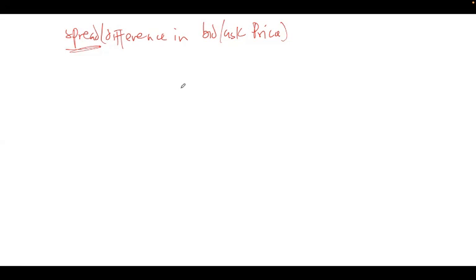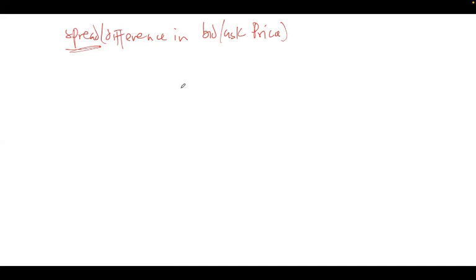I repeat: if you approach somebody that exchanges currency, the first question they ask is, do you want to buy or do you want to sell? The bureau de change person can either buy or sell, depending. If he's collecting from you, he's buying from you. If he's giving you, he's selling.